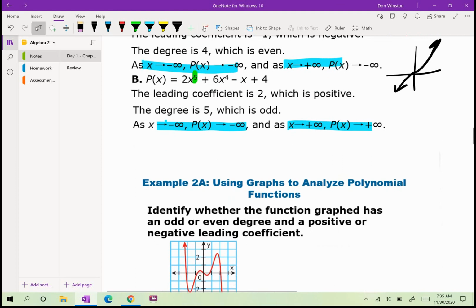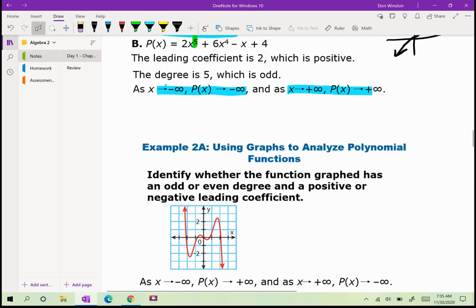Okay, let's look at some more examples. Identify whether the function graph has an odd or even degree and a positive or negative leading coefficient. It doesn't look like a quadratic. It doesn't look like an x squared, because an x squared rises on both ends or falls on both ends.